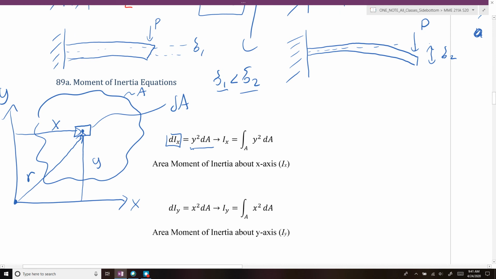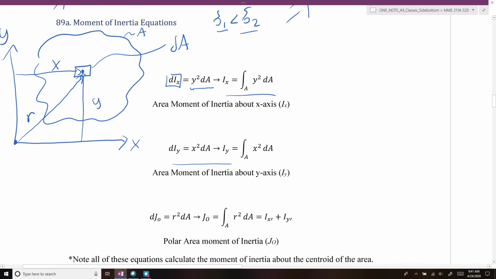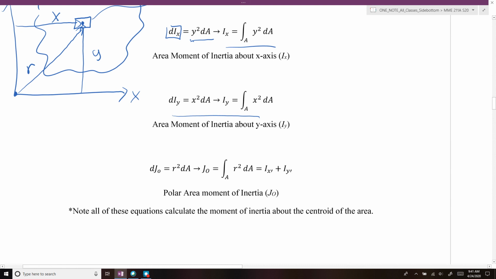We do the same process for the y-axis: the moment of inertia about the y-axis would be equal to the integral of x squared dA. And then for the polar moment of inertia, which is the ability of a body to resist torsional twisting, it would be equal to the integral of r squared dA, which is just I of x plus I of y.